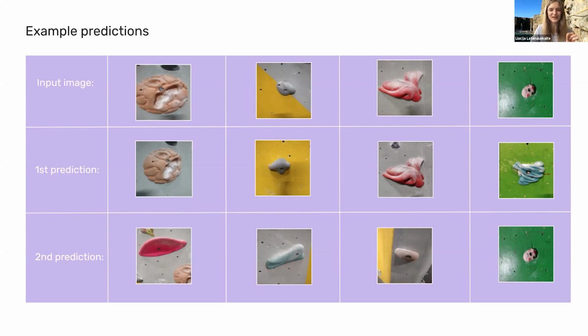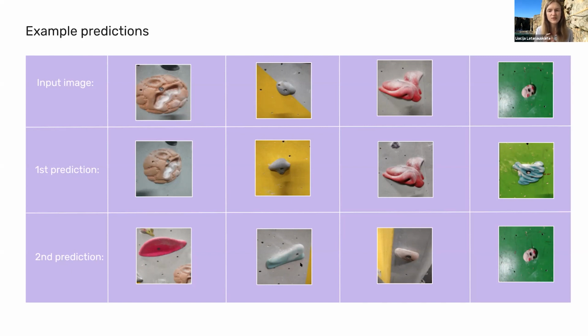So that was interesting. The second one refers to a slightly trickier problem where the first prediction is the correct one, but you can see it's a different hold. This is where users disagreed about what starting hold to take a picture of when defining this route. But even with the few images that I had, the model was still able to understand that these are two different holds, but they refer to the same route, and give the right prediction.